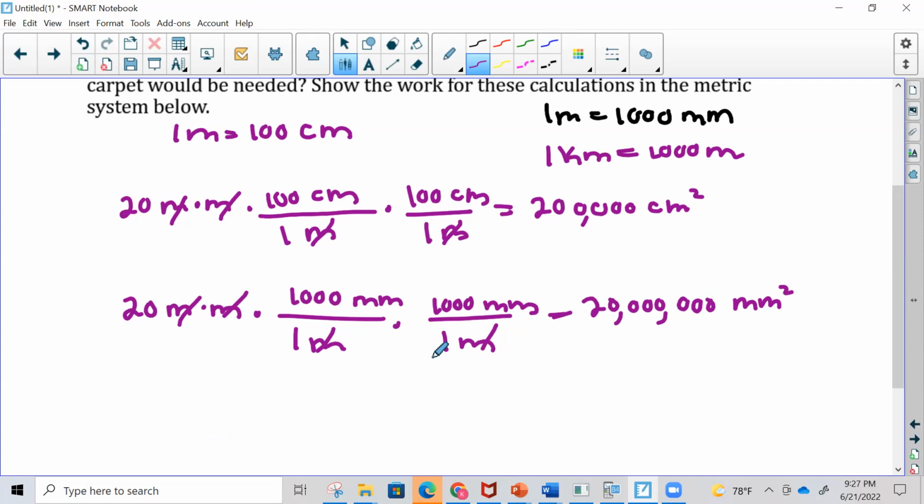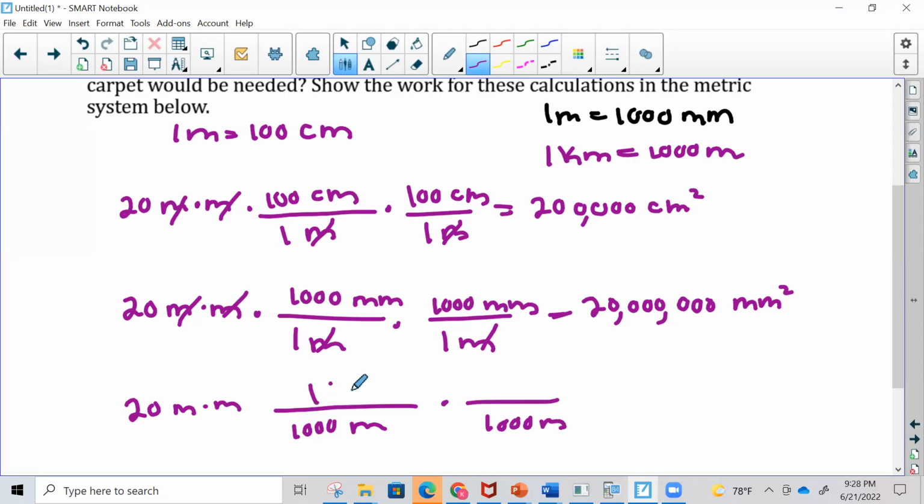And then the last one is changing it to kilometers. Again, I'm starting with the 20 meters squared. This time, I'm going to have the 1,000 meters in the denominator, and then 1 kilometer in the numerator both times.